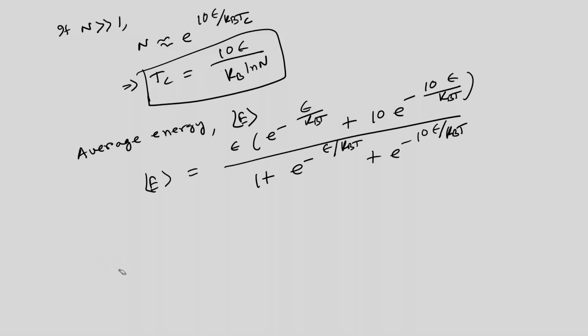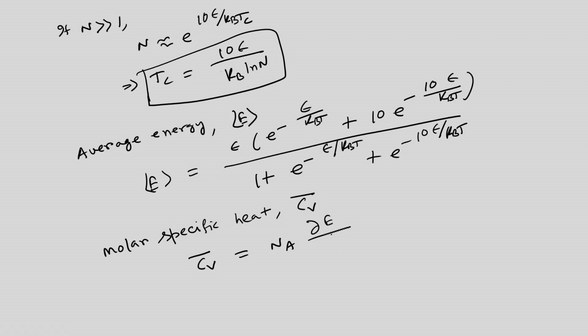Now, we need to calculate the molar specific heat. We call the molar specific heat Cv bar, which is nothing but N A del E average by del T at constant volume.